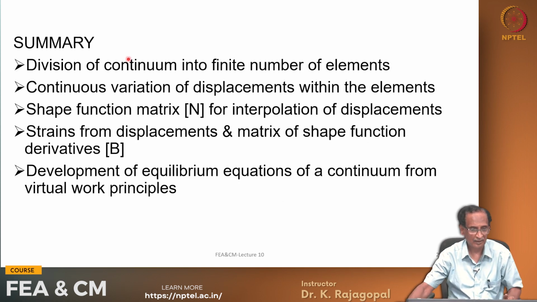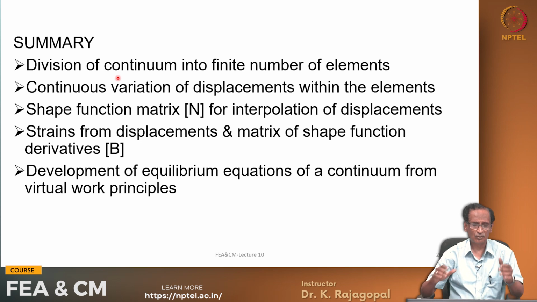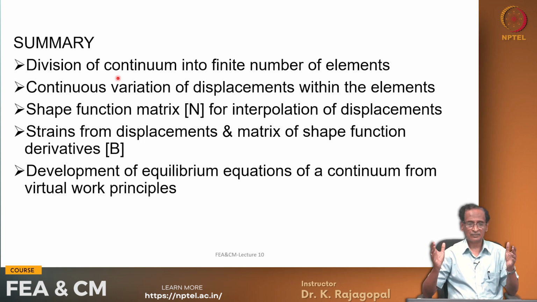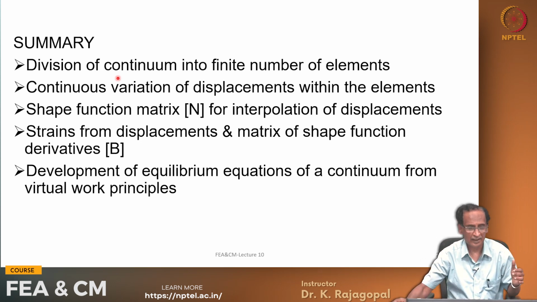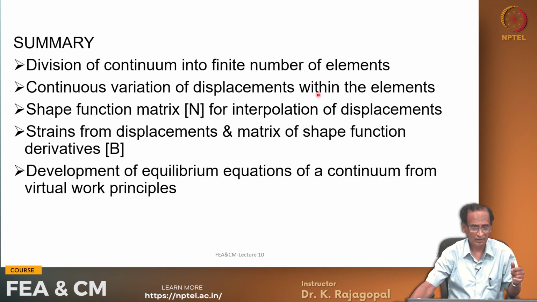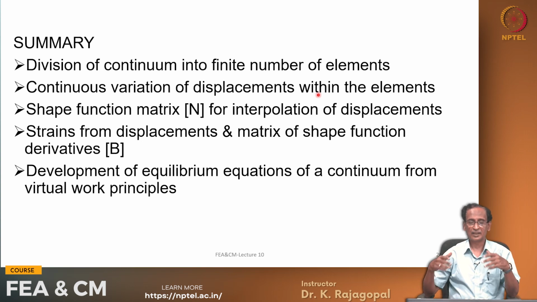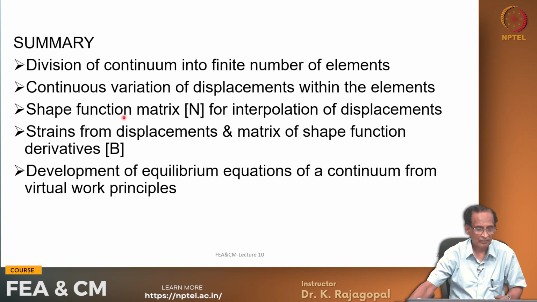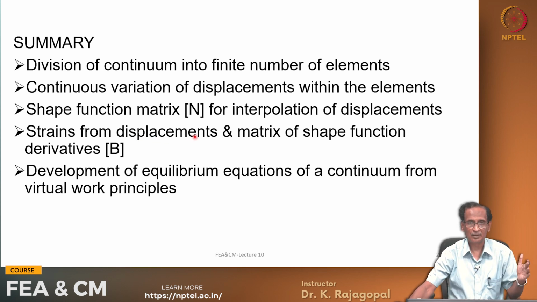Just to summarize, we have seen how to divide a continuum into a finite number of elements, and we have seen continuous variation of the displacements within the element by developing our shape functions, and the shape function matrix N for interpolation of displacements, and the strains from displacements, epsilon is B times u or B times a.